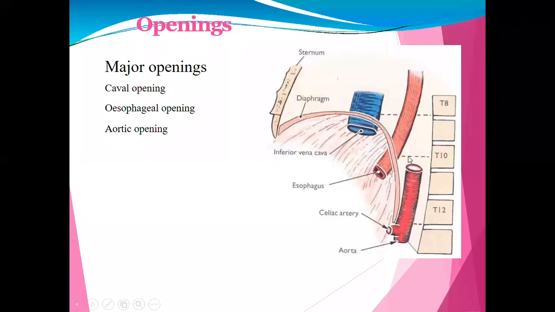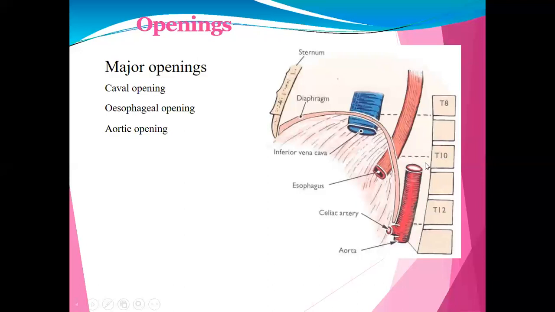These have clinical importance in the sense that if the person has any trauma, sharp or blunt, in this area, you should think of the structure which is going to be affected.